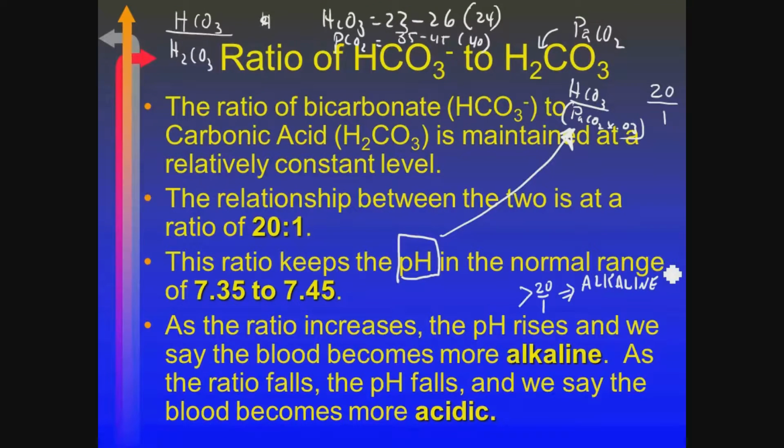So technically, if we're talking about measuring blood, I could say that a situation where that ratio is greater than 20 to 1 would be an alkalemia. Where it's less than 20 to 1, it would be an acidemia. Or sometimes people will say it's an alkalosis and an acidosis condition rather than the measurement of the blood.